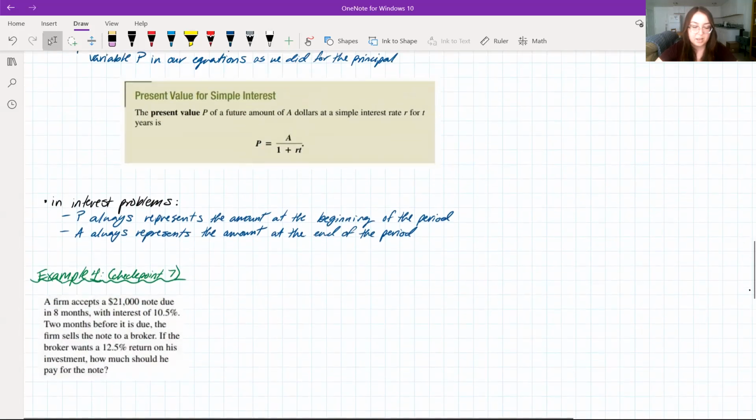We also see that in interest problems, P always represents the amount at the beginning of the period, and A will always represent the amount at the end of the period. So it's easier to think about principal and present value as just the amount at the beginning of the period, or your initial amount, and A is just always the amount at the end.